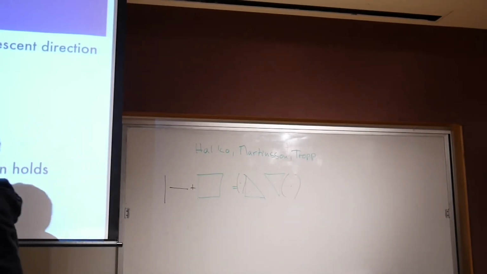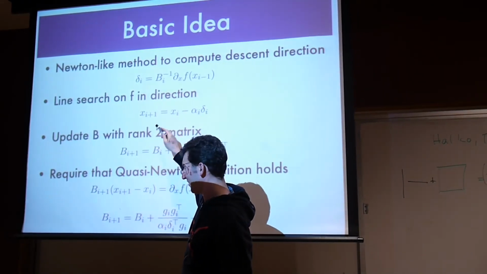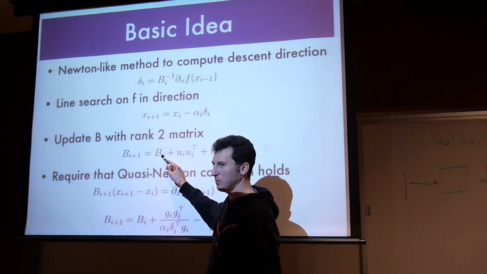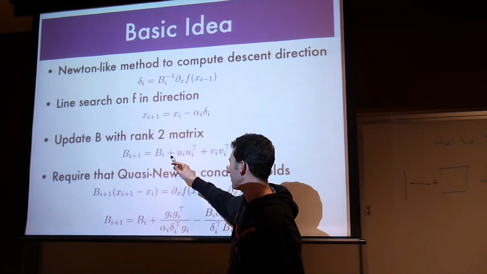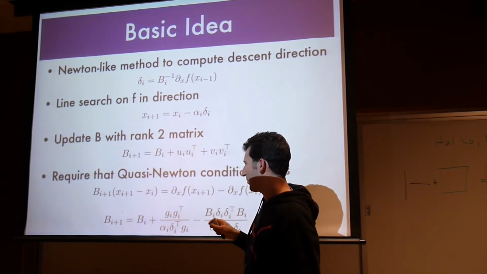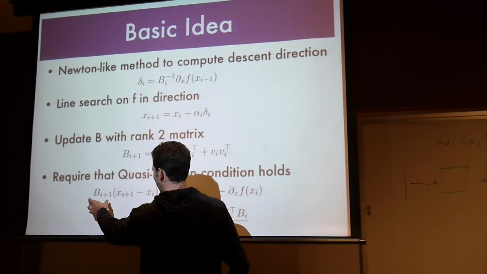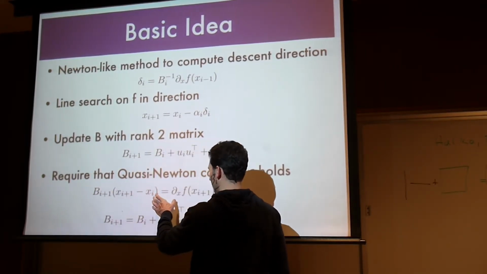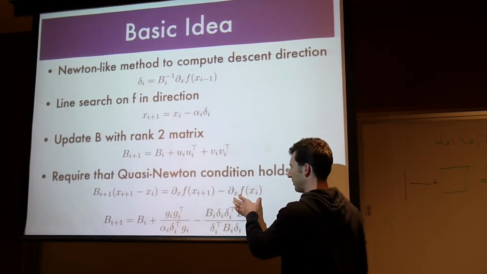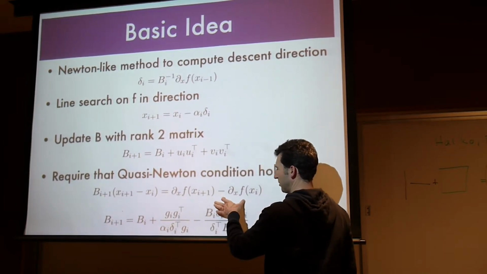Okay, so the requirement is that our new Hessian-like structure B_{i+1} should look like our old one, and I'm allowing for a rank 2 modification. And now I'm going to use a sort of backwards reasoning, arguing that my Taylor expansion using this matrix should give me the difference between the gradients. If I had a proper Taylor expansion, that's what would hold, right?